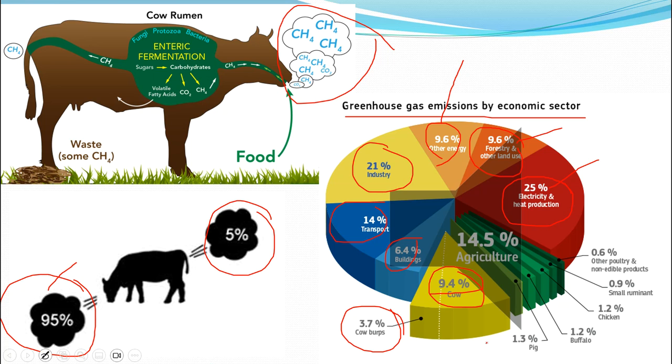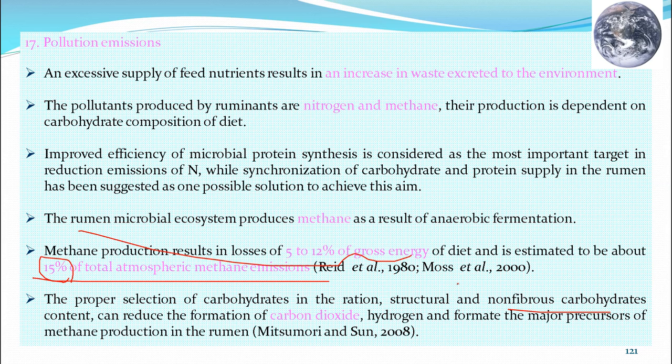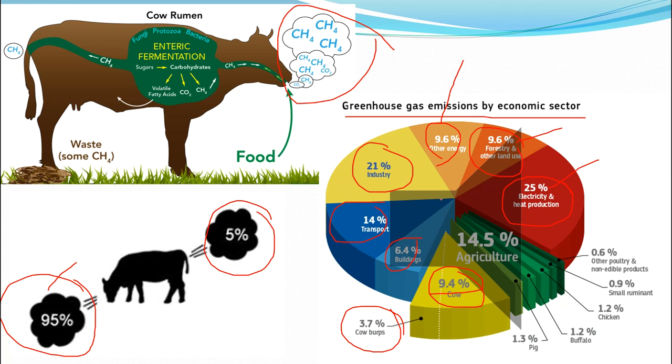Hence, one need not bother especially about the animal-produced methane here. The total production is about 15% only here. Or if you total it, then 14.5%.